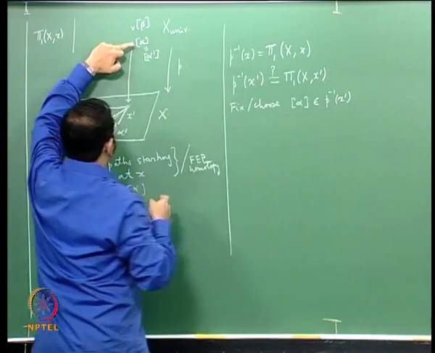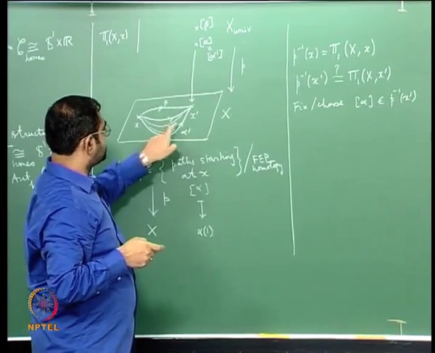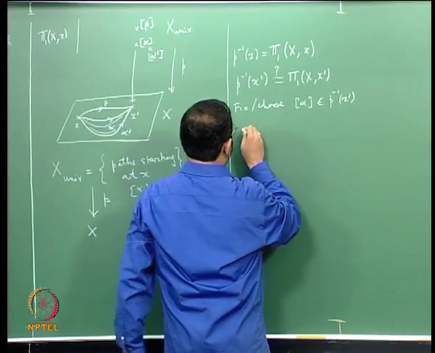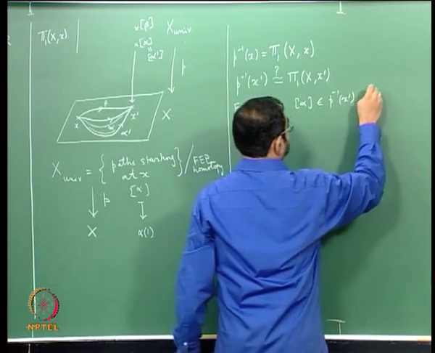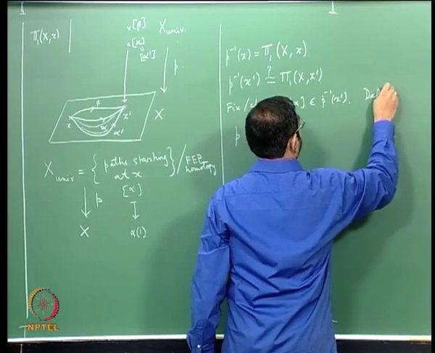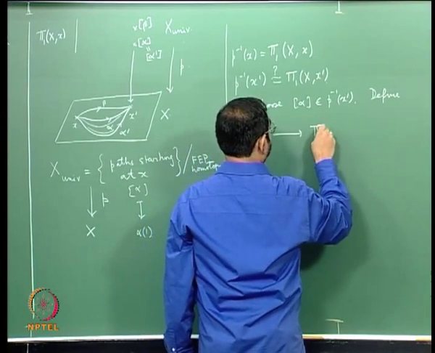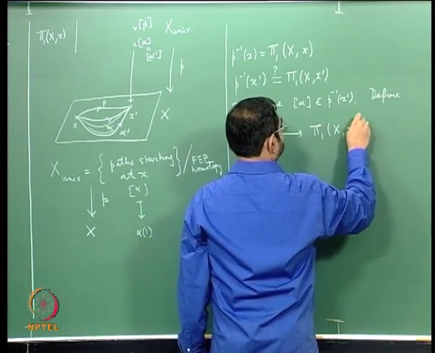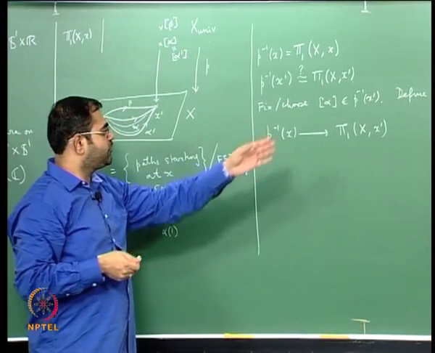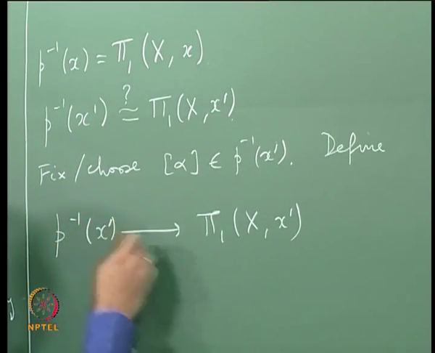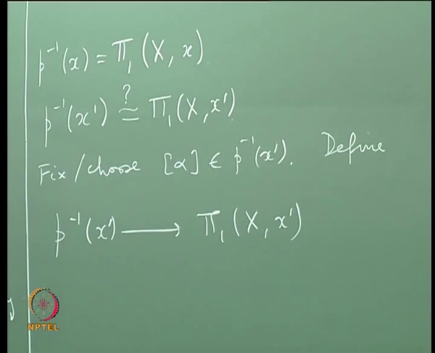What does it mean? It means that the endpoint of alpha is x prime, right. And what I am going to do is define a map from P inverse of x to the fundamental group at x prime, okay. So this is how I am going to show that the fiber over x prime looks like a copy of the fundamental group over x prime.